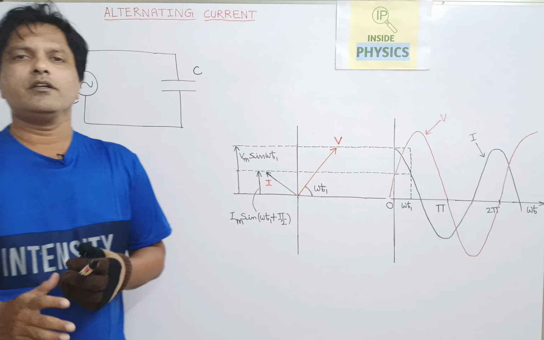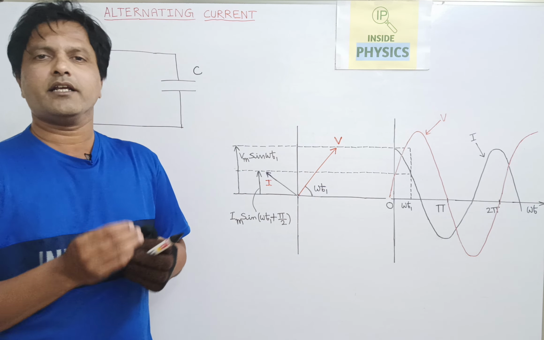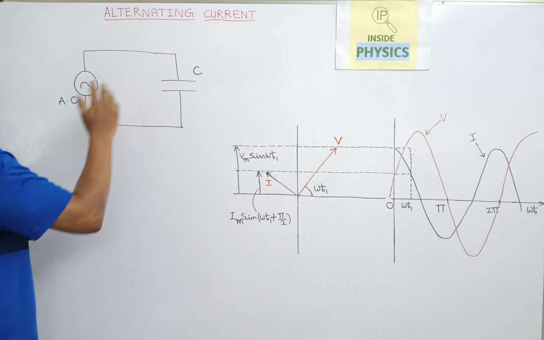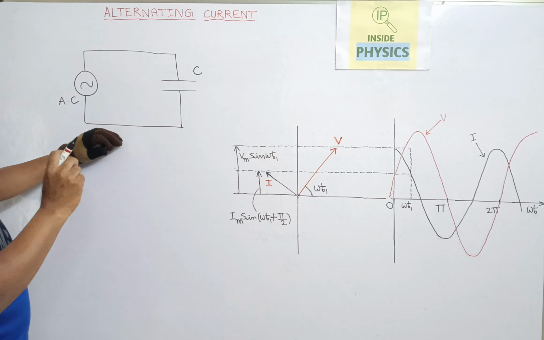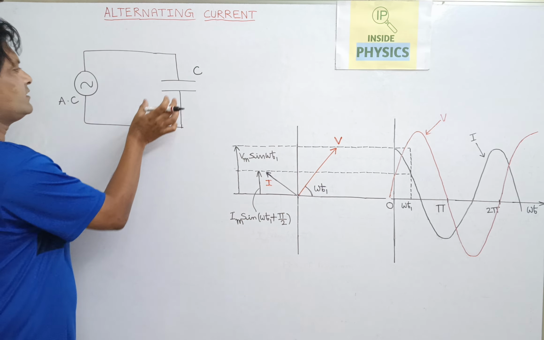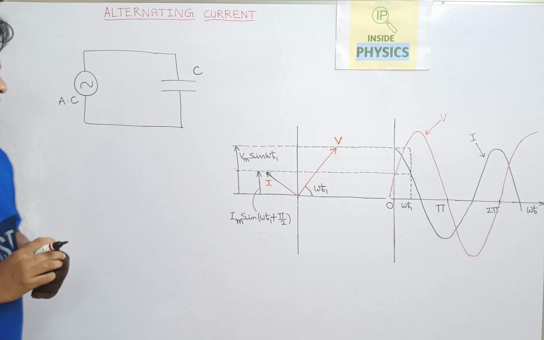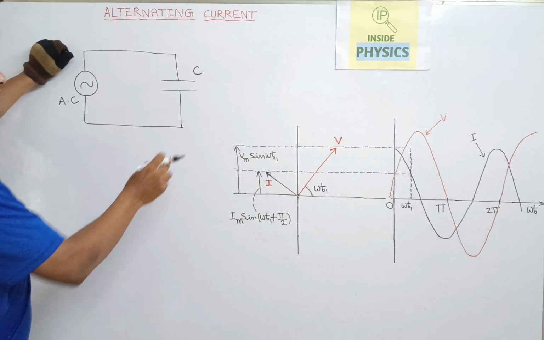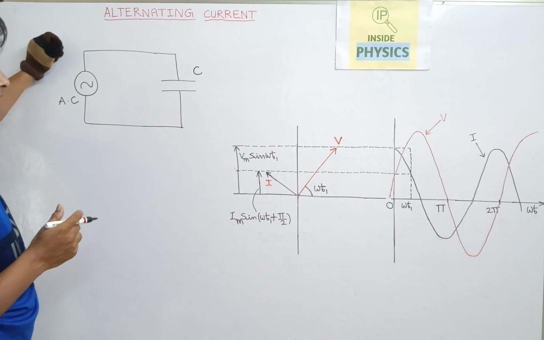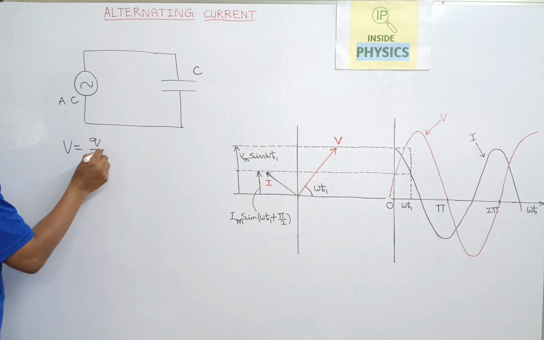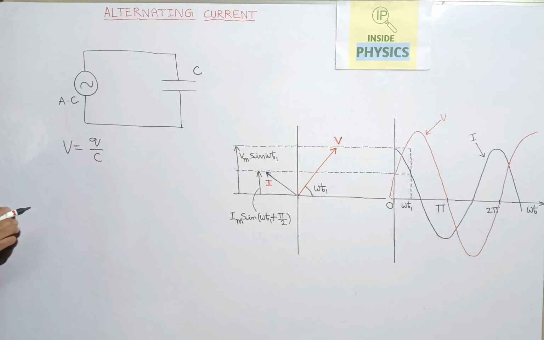Here we will formulate the current flowing through this capacitor. That means this is a capacitive circuit, a simple circuit with a single capacitor. So we all know the instantaneous potential difference across this capacitor is V equal to Q by C, right?